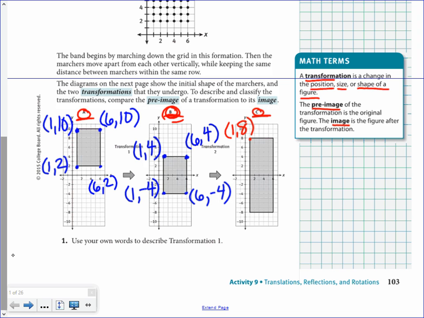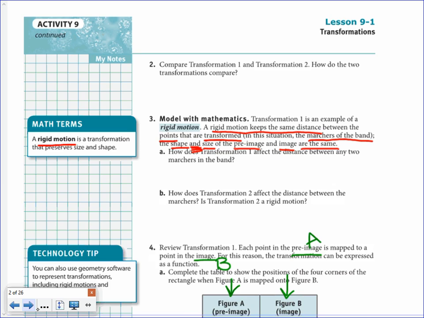The bottom left corner is at 1, negative 8. The top right corner is at 6, 8. And the bottom right corner is at 6, negative 8. So we can go and fill those in on our chart.